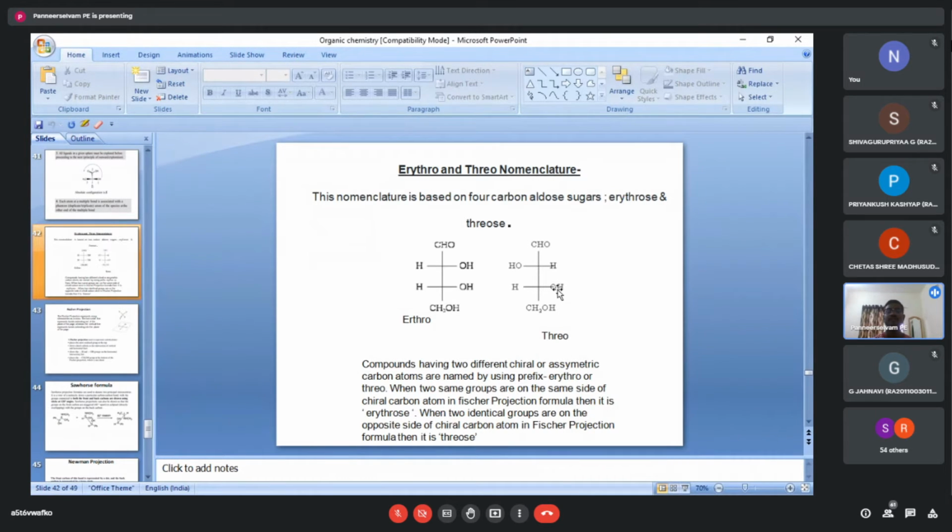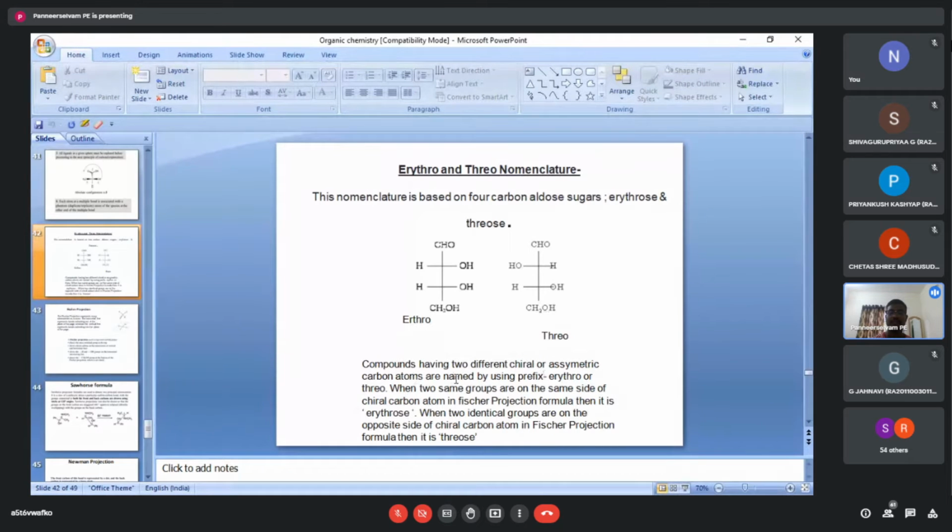How do we assign geometrical isomerism? Cis and trans isomers. When more than 2 atoms are present on the carbon-carbon double bond, we analyze with another pattern, the E-Z notation. Here also, similarly, the compound has 2 different chiral or asymmetric carbons.